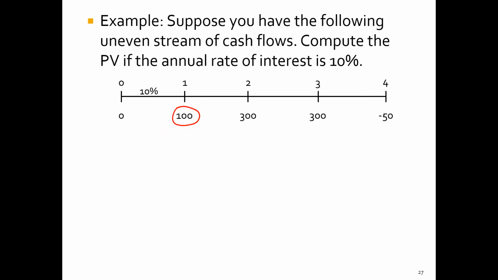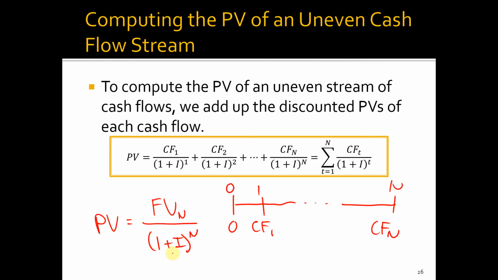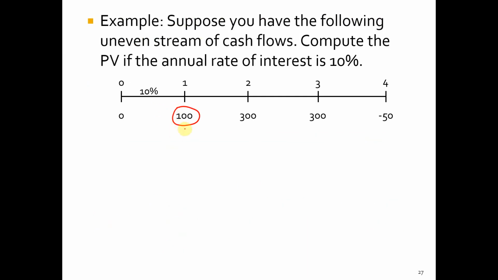We want to use this present value formula to get the present value of that cash flow. So what we're going to do is push that back to the beginning of our timeline by dividing by 1.10 to the first power. Because it occurs in year 1, we're moving it back 1 year on the timeline. That would get us $90.91.